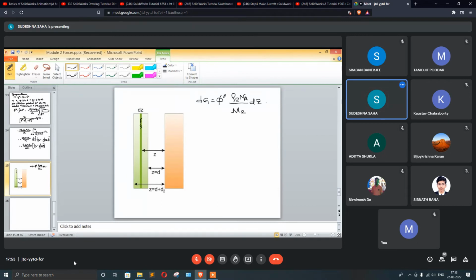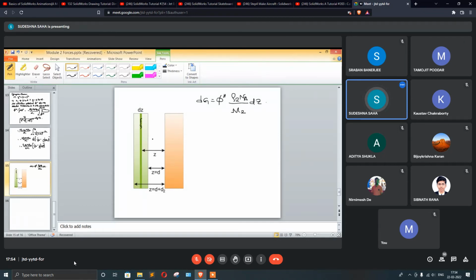Here z goes from d to d plus d2, in order to get the whole slab in this range. Then you can obtain the final expression for the potential interaction between the entire slab 2 and the entire slab 1, right?